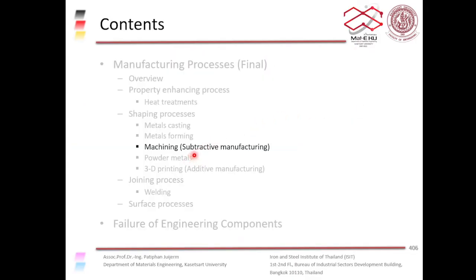Okay, the term subtractive manufacturing is quite a new term to be coined because it is referred to this process as opposed to 3D printing, which is additive manufacturing. Okay, so today we're going to look at machining and also powder metallurgy and 3D printing as well.